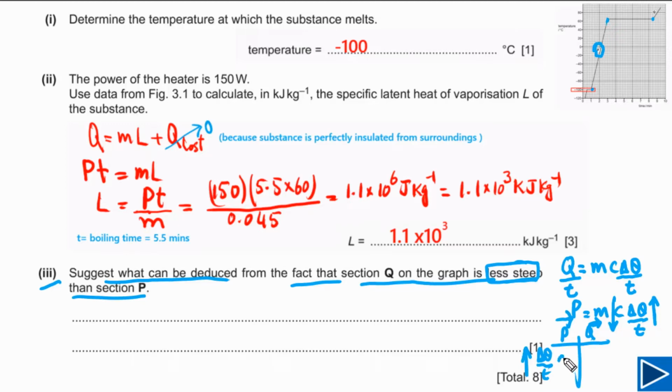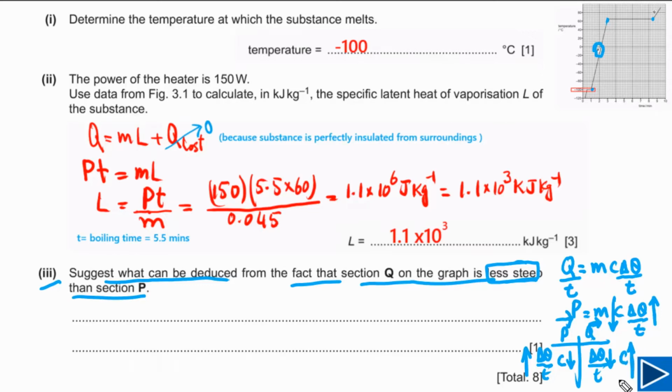So it means the C of this section will be lower. For the Q section, delta theta over T is the gradient. We have temperature on the y-axis and time on the x-axis, so that is the gradient. So for section Q, this is less. So it means the C of section Q is higher.